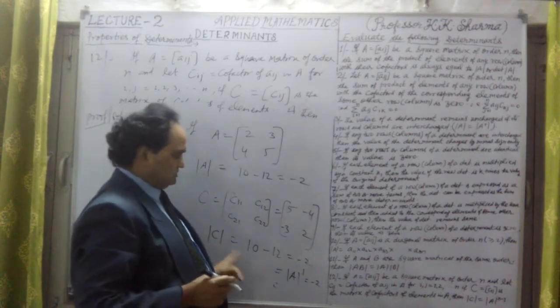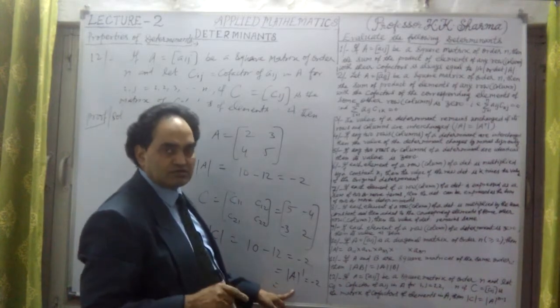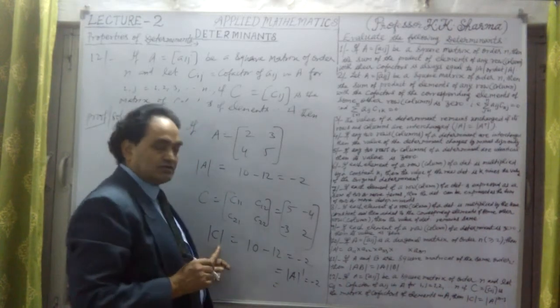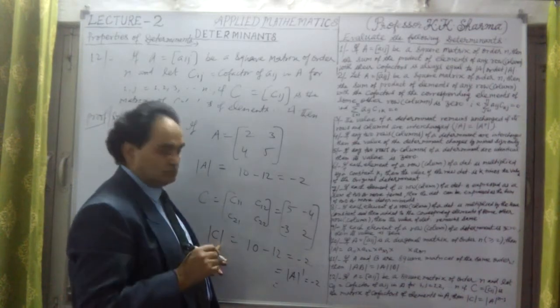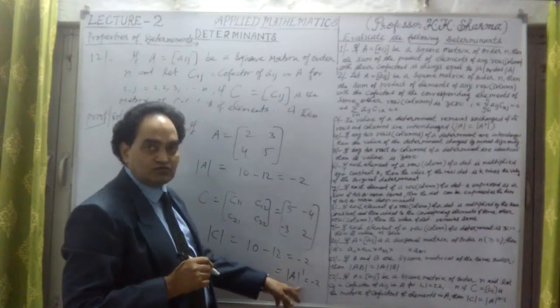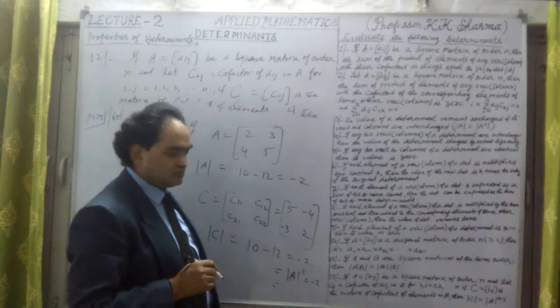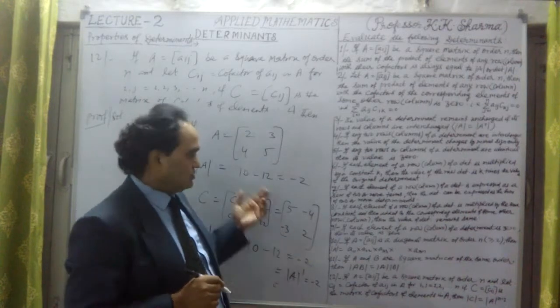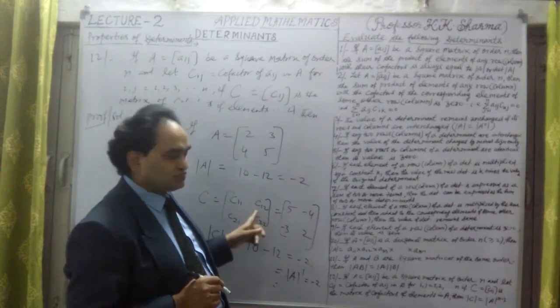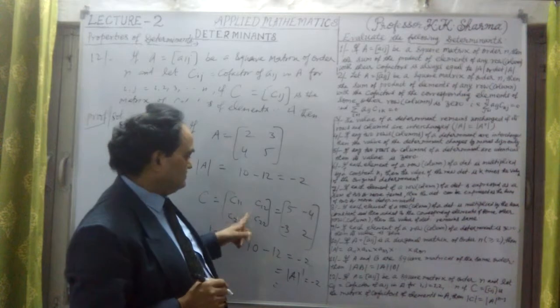So determinant C is equal to determinant A in this case, because the order of matrix C is 2, and for order 2 the power is 2 minus 1, which means power 1, so the same value has come. Proved. This is a numerical value we can take. First we find the matrix of cofactors, C, we have calculated.